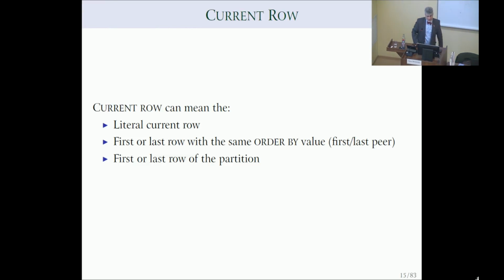The first complexity that you might have suspected is the meaning of current row. Current row in the SQL standard does not always mean the current row literally. And this is a common cause of confusion.